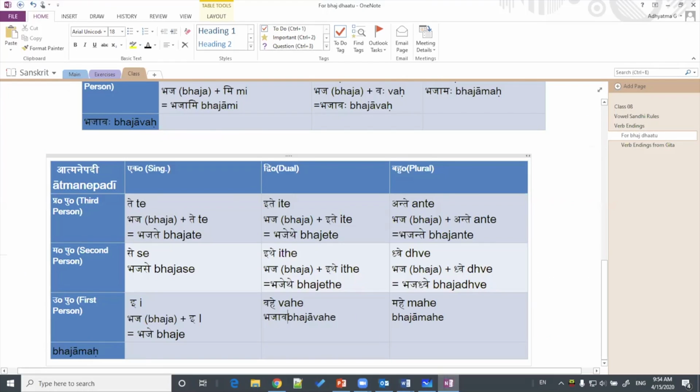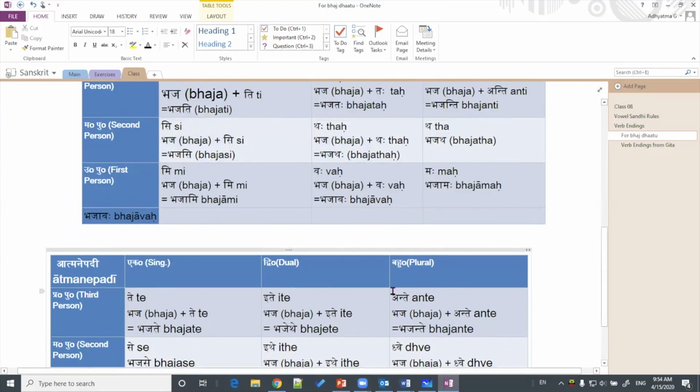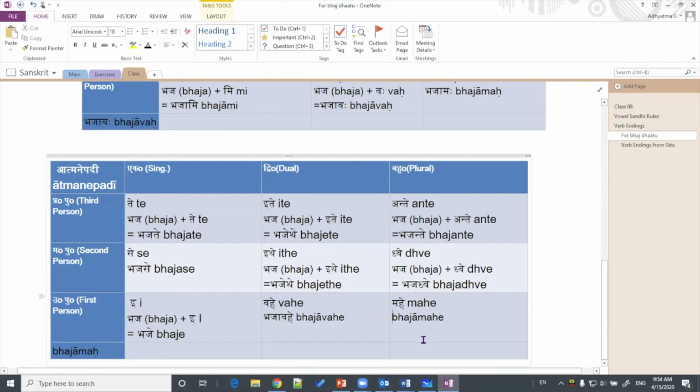Here, sometimes it takes a longer time for me to accommodate both the scripts. So those who are interested, please learn Devanagari, who want to learn the advanced Sanskrit classes.